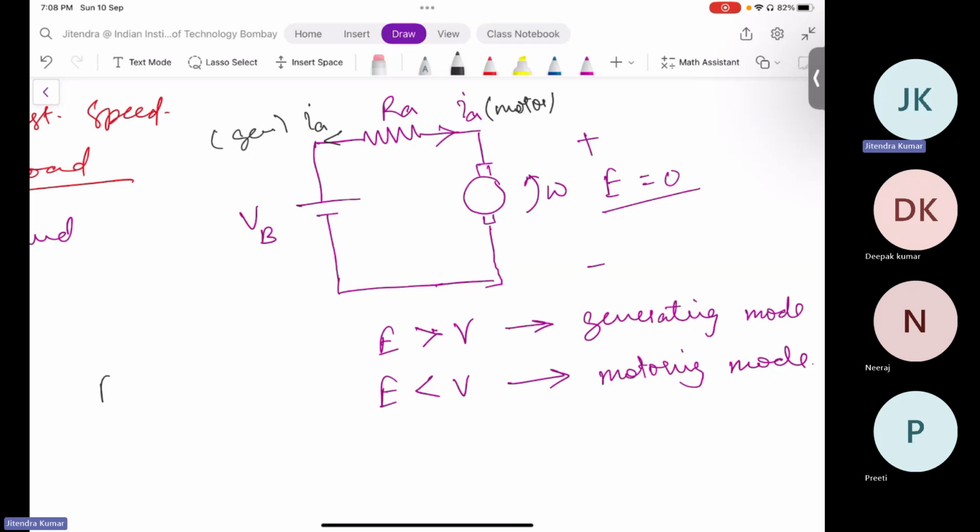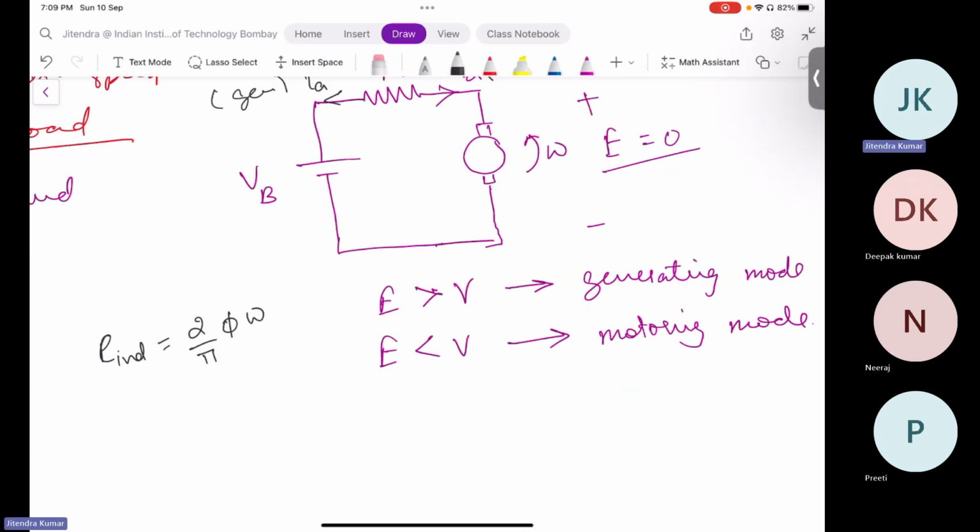We need to compute the angular velocity, or the speed of the rotor, that is linked to the induced EMF, and the induced EMF is equal to 2 by pi phi omega.